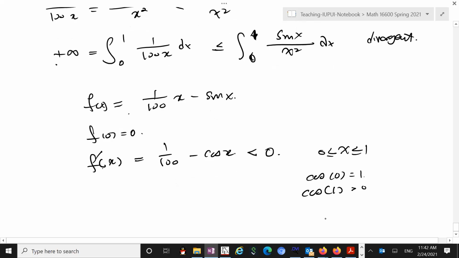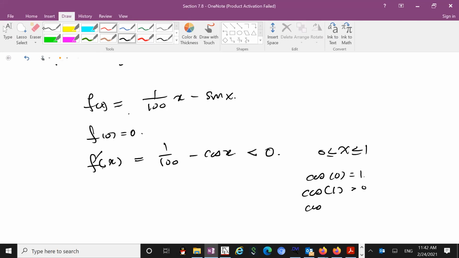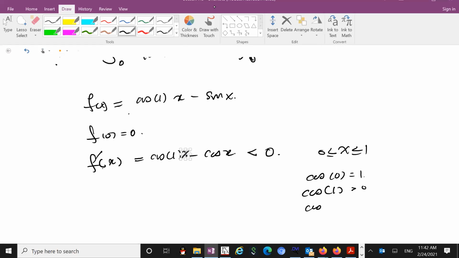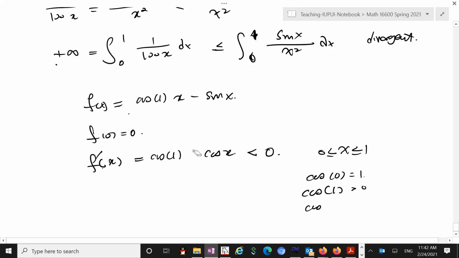If you're not sure, then you change 1 over 100 to cosine 1, so cosine 1 times x. After you differentiate, this is going to be greater than or equal to cosine 1 minus cosine 1, so that's going to be 0. So everywhere it's nonnegative.